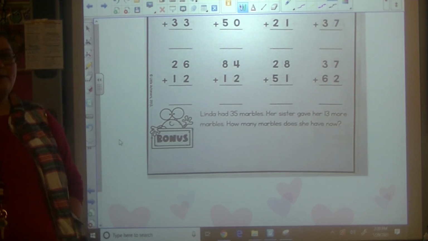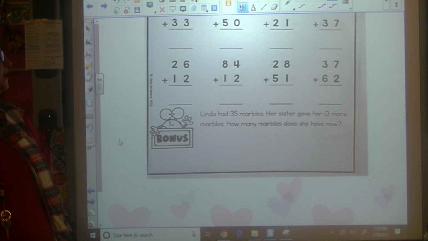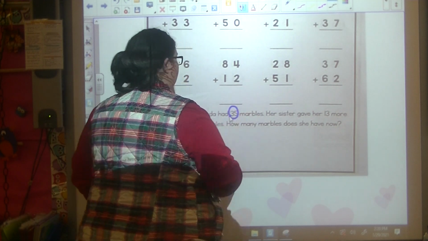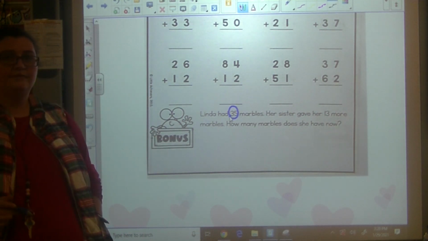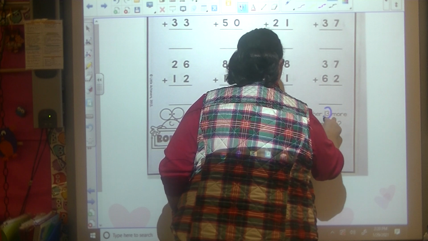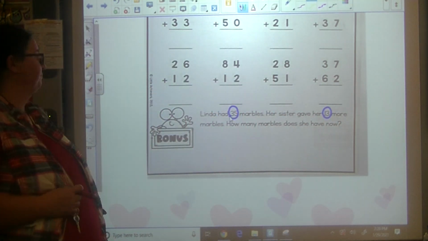All right, what numbers are important? Let's circle them. 35 and 13. Now let's see if there are any important words that may help us know what to do in this problem.